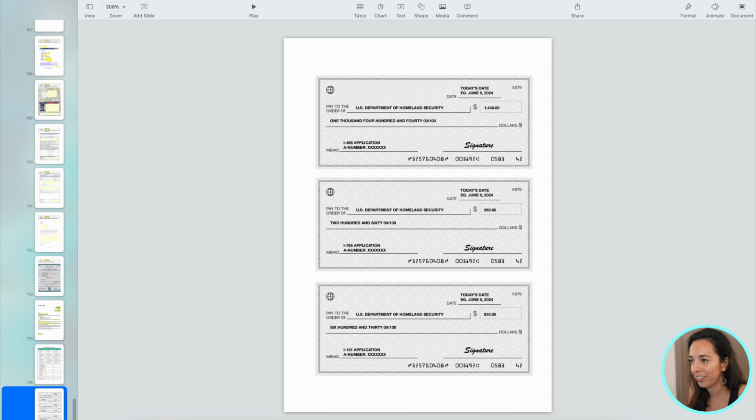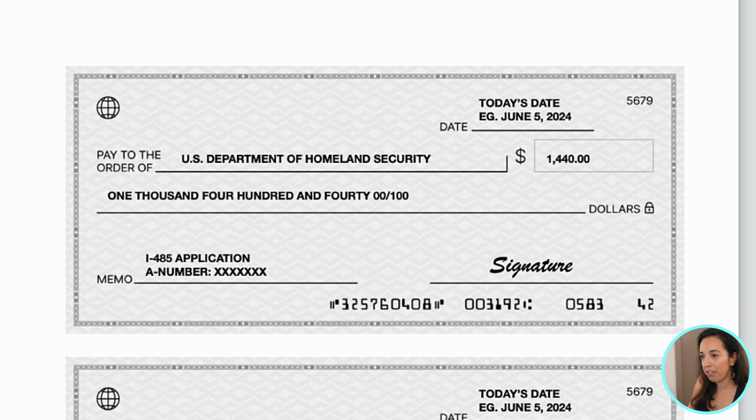For the I-485 application, you're going to write today's date and write the month, day, and year in this format. It should be made payable to the U.S. Department of Homeland Security.